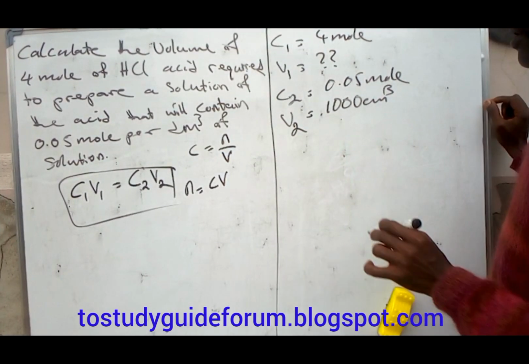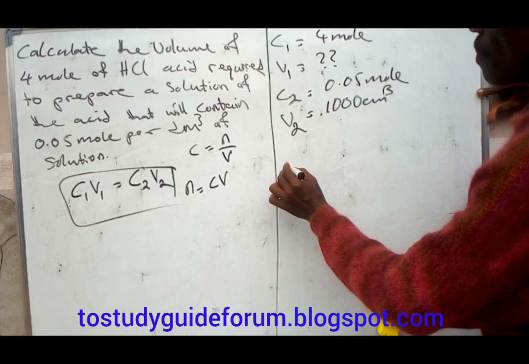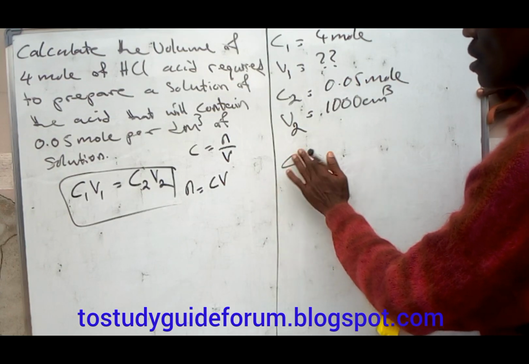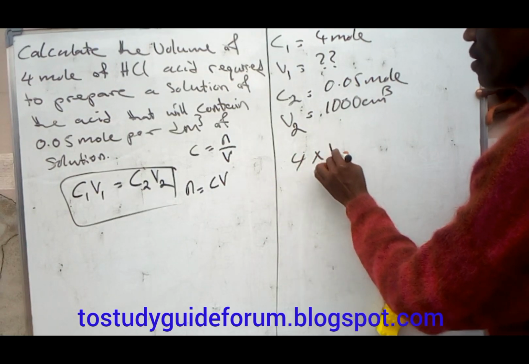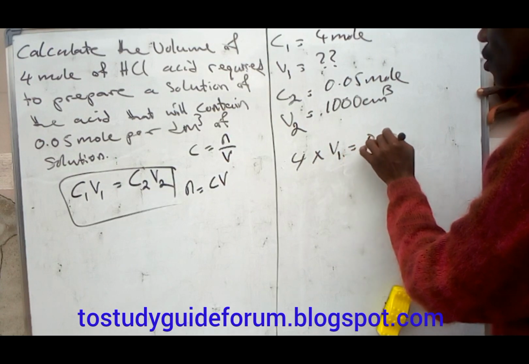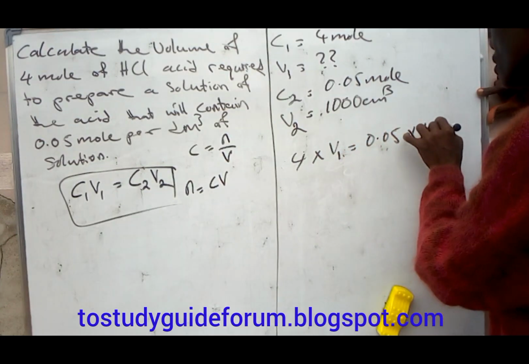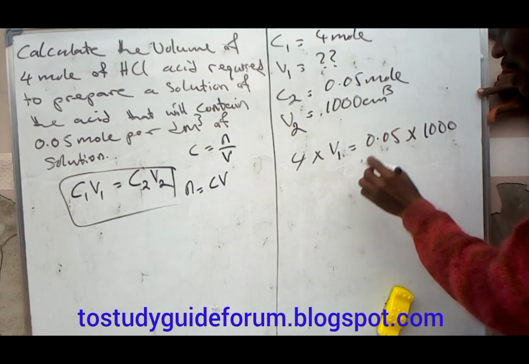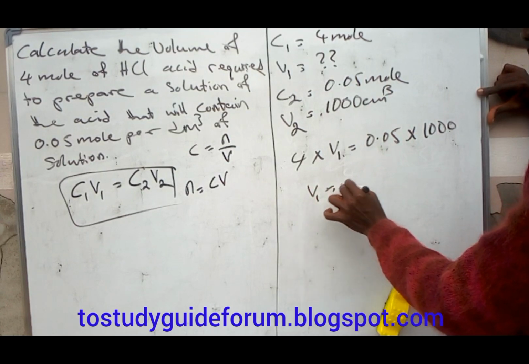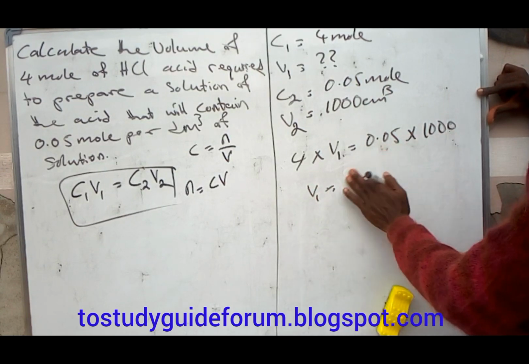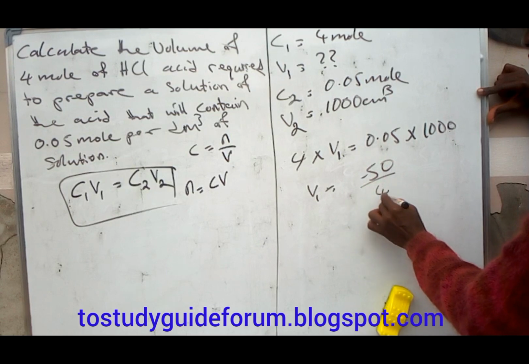So in that case, what we're doing now, we substitute. By substitution, we have 4 multiply V1 equal to 0.05 times 1000. Then V1 will be 50 over 4.